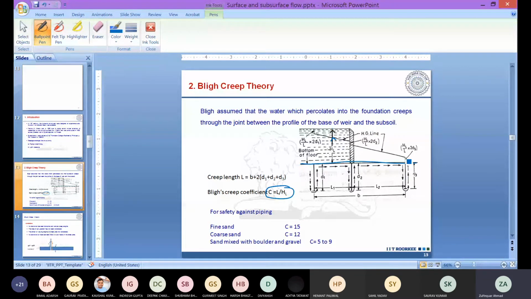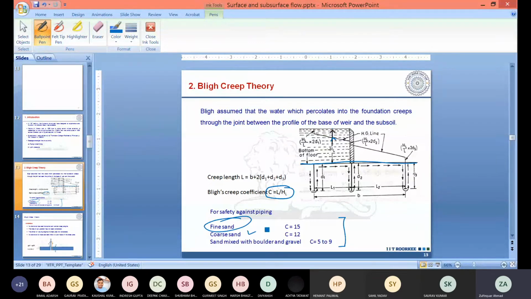This is the horizontal flow. I have shown you a very practical profile, but this is just to present the Bligh creep theory; he had given this example. Now, for piping not to occur, and to get the uplift, Bligh suggested this creep coefficient. If one takes the Bligh creep coefficient equal to 15 plus for fine sand, then piping will not occur, and the uplift pressure can be computed accordingly.